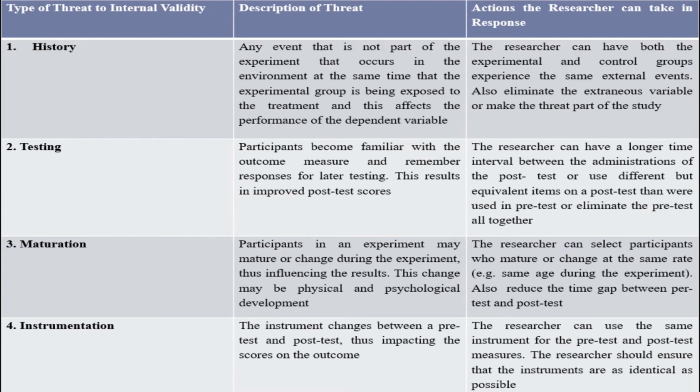All these are events besides your behavior program that are likely to bring about a change in the behavior of your youth. So unless you control for all those other events, then history is a threat to internal validity.